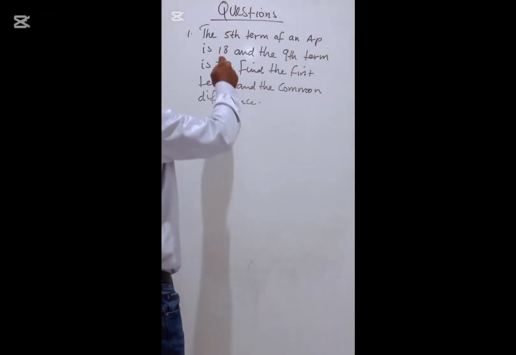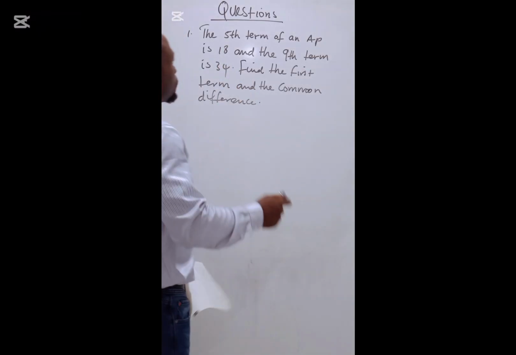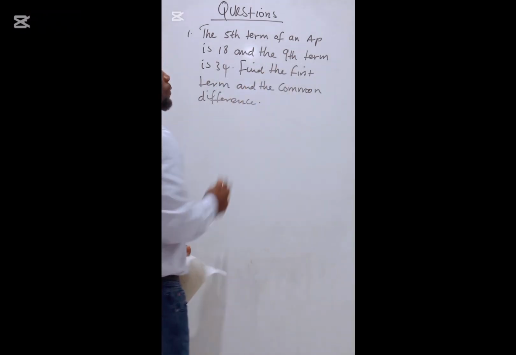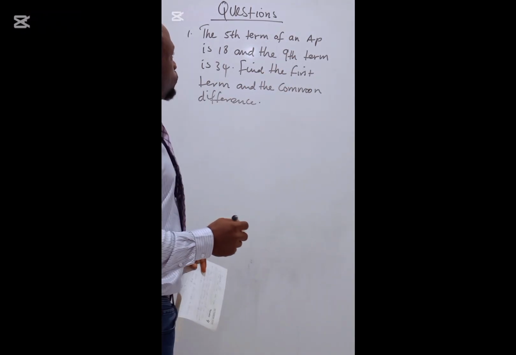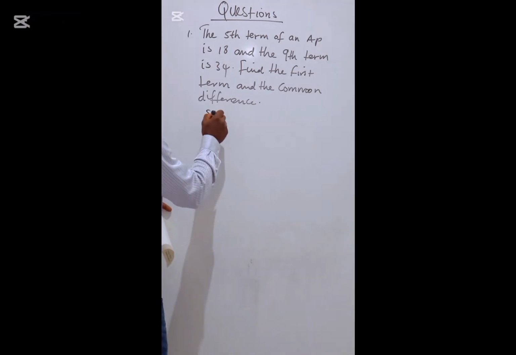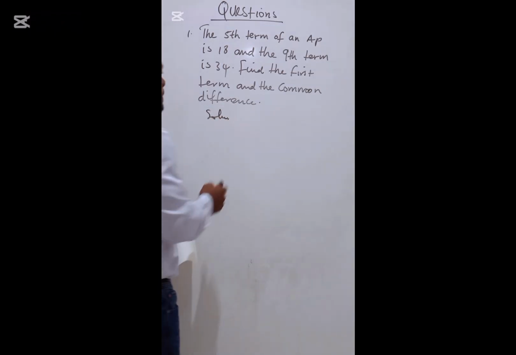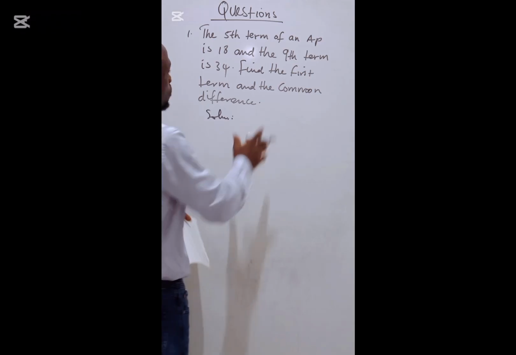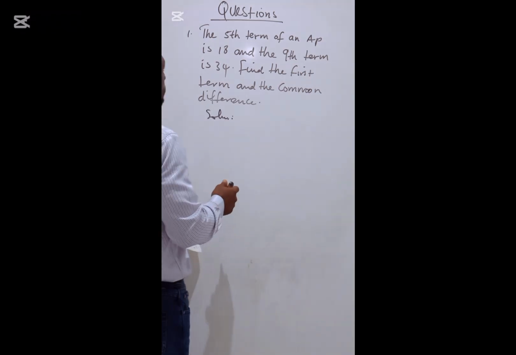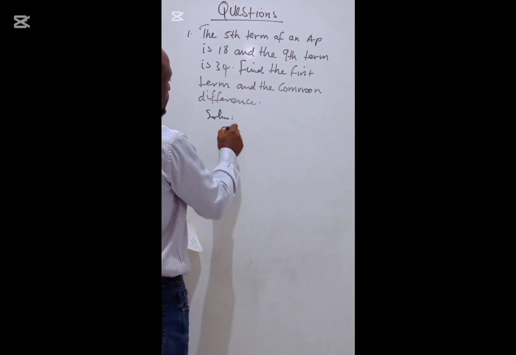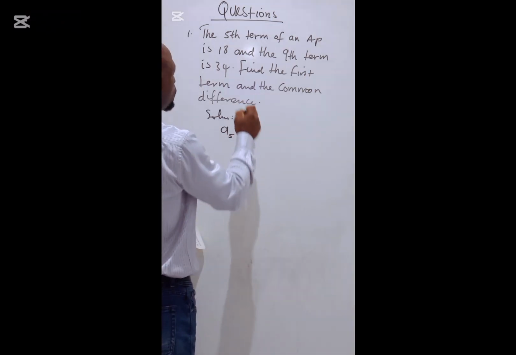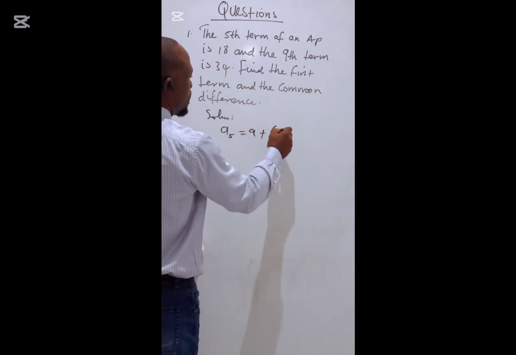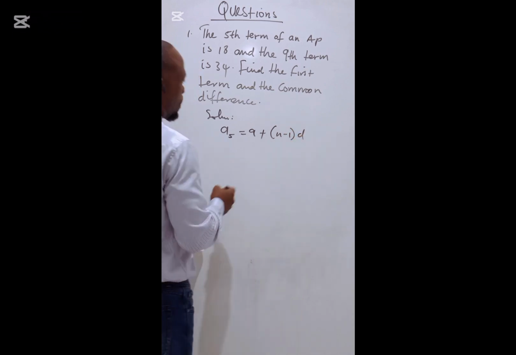The 5th term of an arithmetic progression is 18, and the 9th term is 34. Find the first term and the common difference. Solution. So this is how I'm going to solve this problem. The 5th term is equal to a plus n minus 1 d.